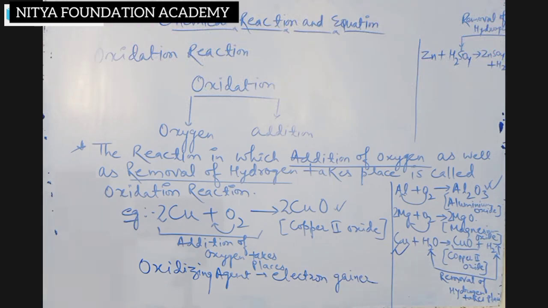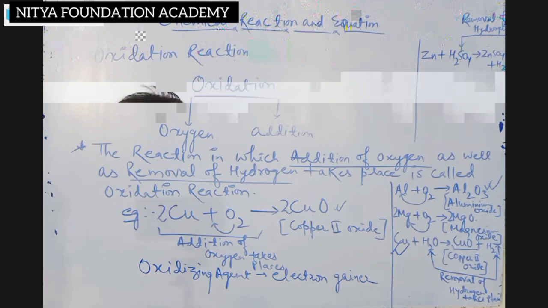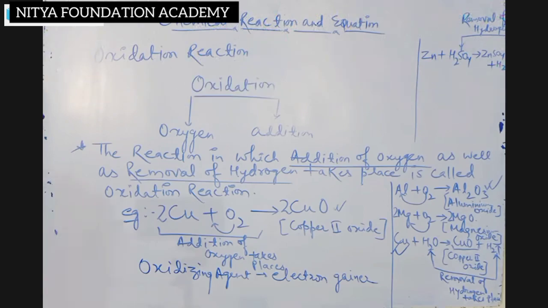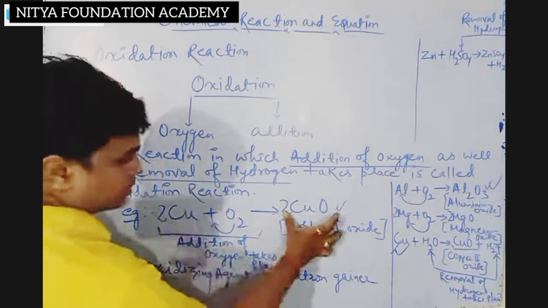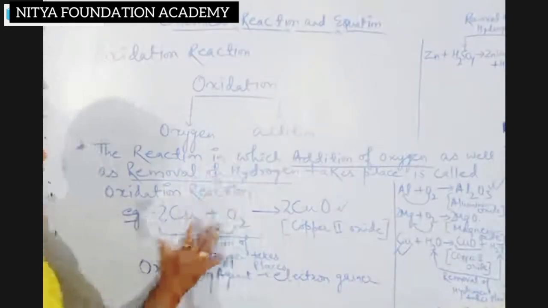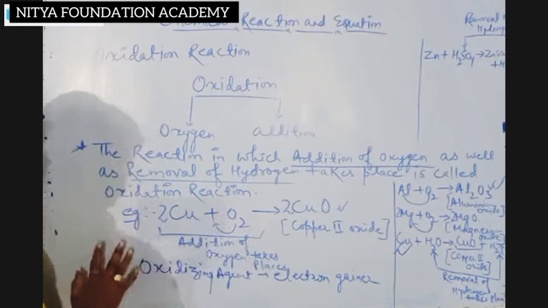It gains electrons in a chemical reaction. Suppose this oxygen, after it reacts with copper, forms copper 2 oxide. So this is simply an oxidation reaction.